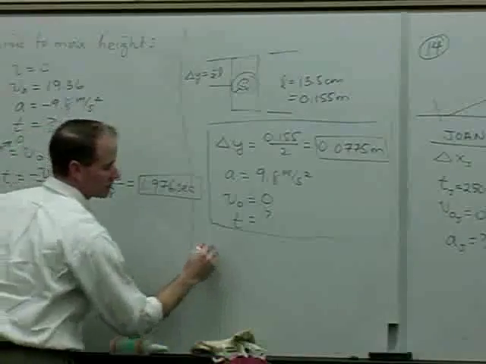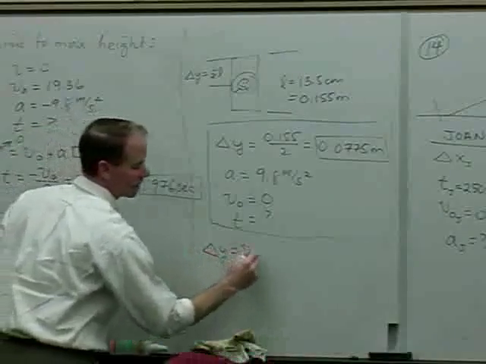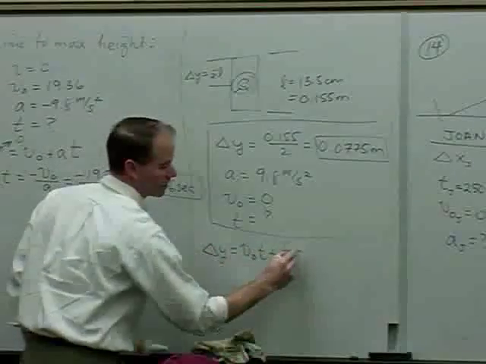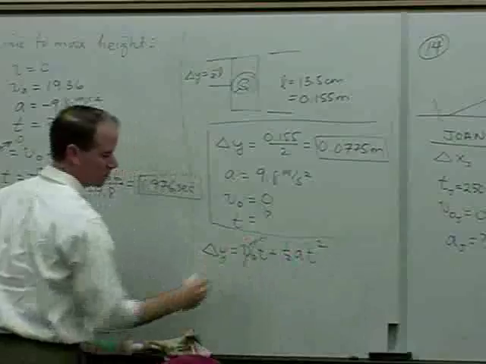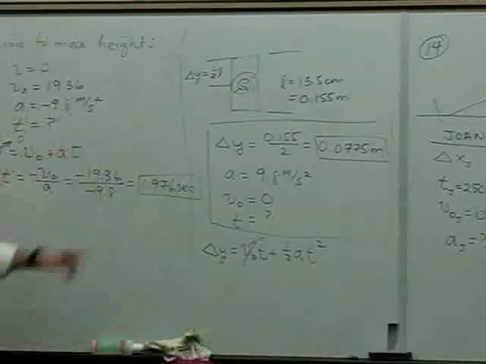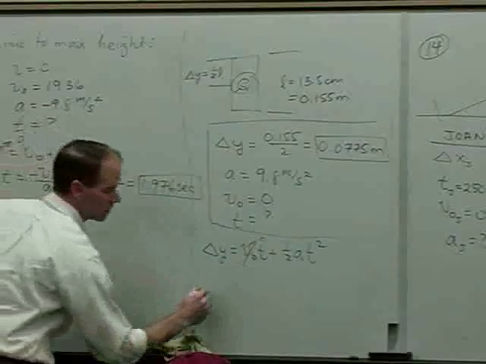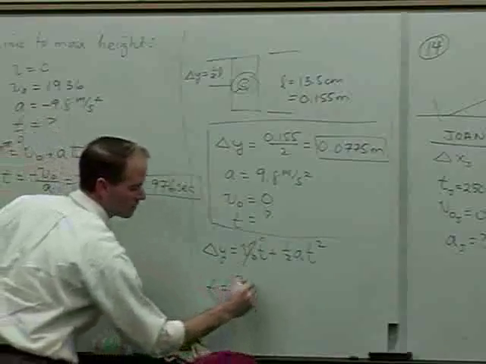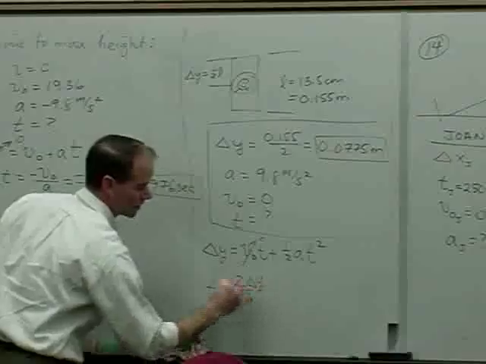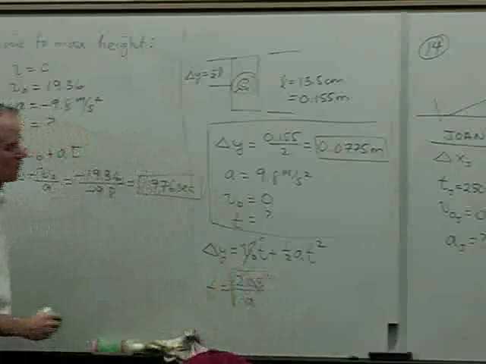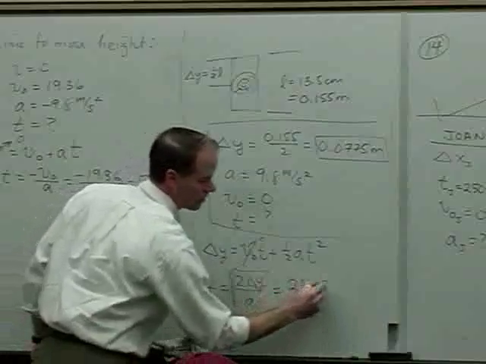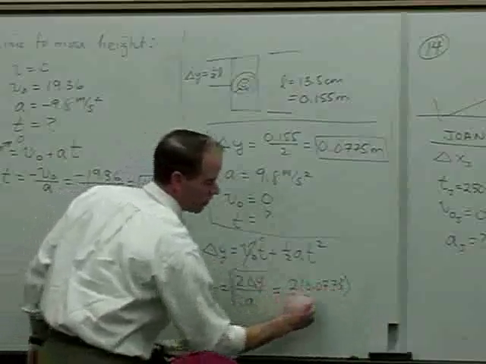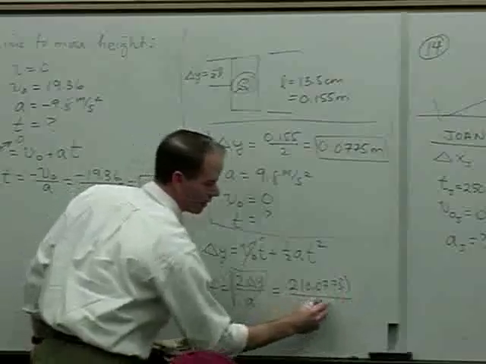So we could say that displacement equals initial velocity times time plus 1/2 acceleration times time squared. Of course, initial velocity is 0. Solve this for time: multiply both sides by 2, divide by acceleration, take the square root. So time will equal the square root of 2 times delta y divided by acceleration. So that's going to be the square root of 2 times 0.0775 divided by 9.8.